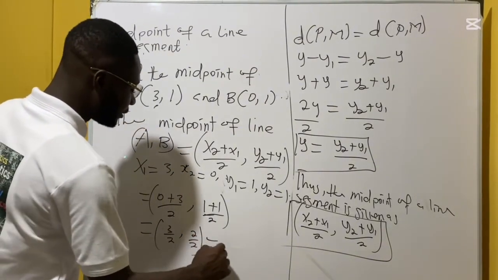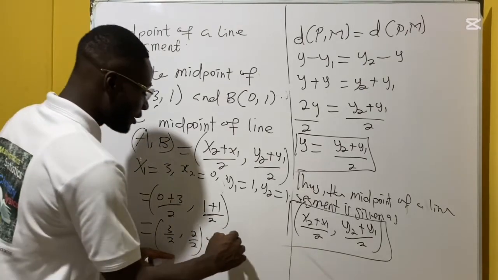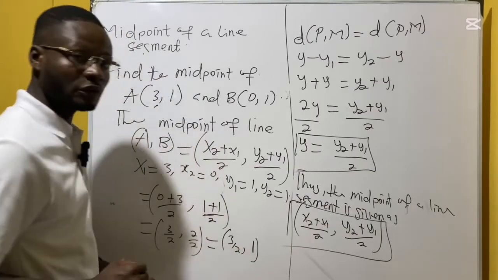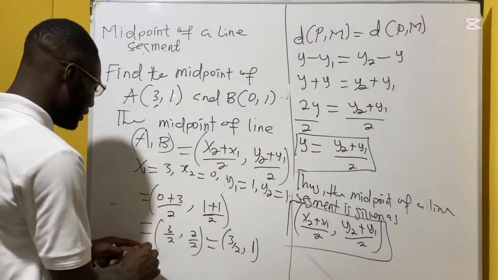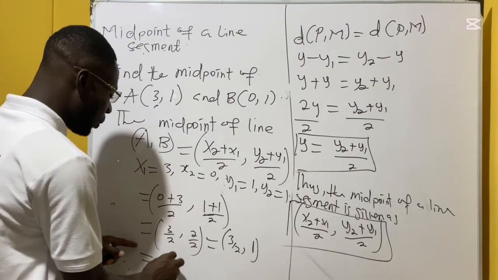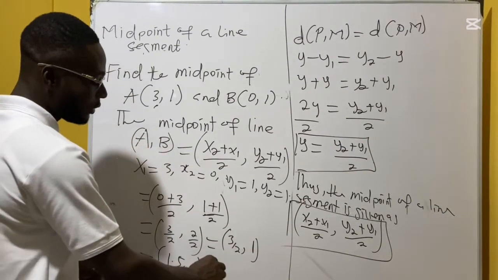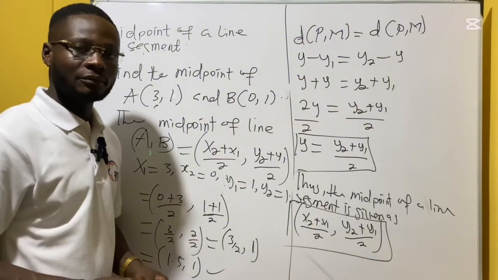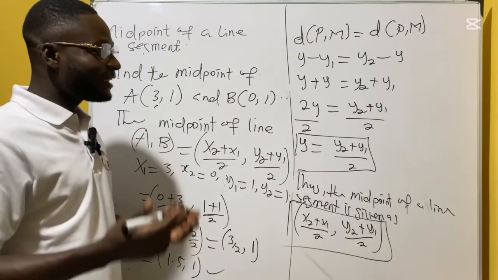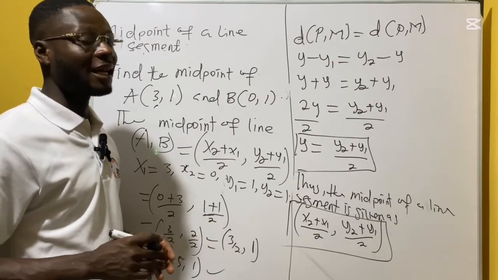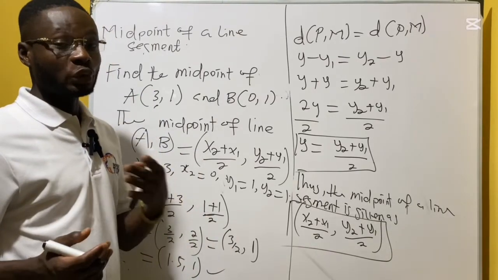So this is going to yield 3 on 2 and 1, and this can be represented as 1.5 and 1. So they are all the same, right? That is the process we go through to find the midpoint of a line between 2 points.